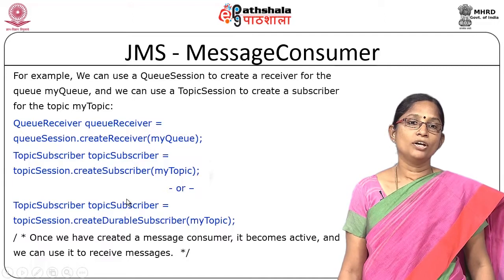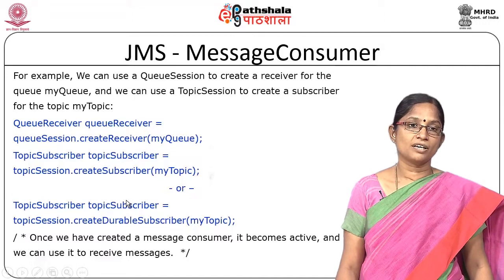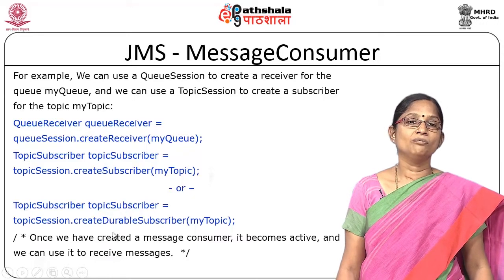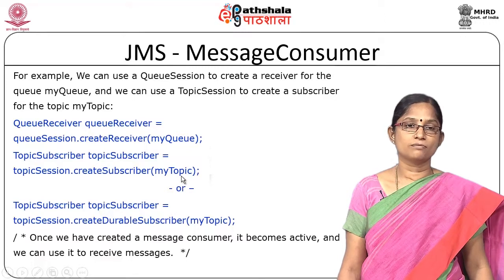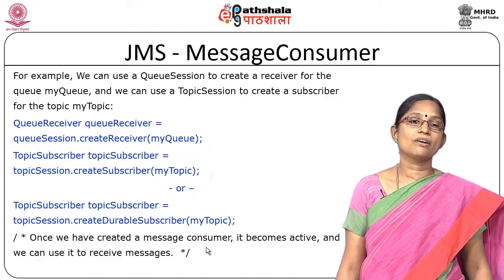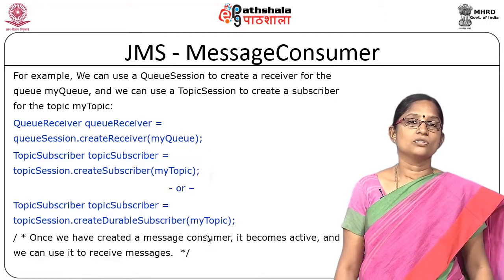Suppose we want to create a durable subscriber, which may last for a long time, then we can call the method create durable subscriber instead of create subscriber. Once we have created the message consumer, it becomes active and is ready to receive the messages. So, these are the two message consumers, following either the topic or the queue.